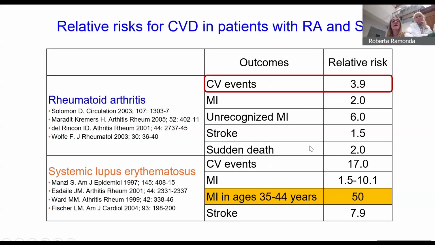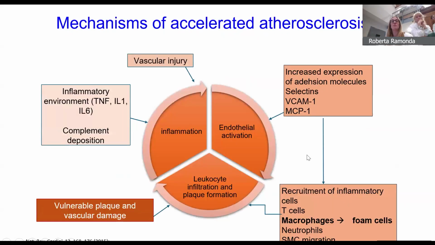inflammation. And as you can see, for example, in SLE, we have a remarkable increased risk of myocardial infarction among young people. That is a typical feature of SLE patients. We know that the primary target is the endothelium with the increased recruitment of inflammatory cells, increased foam cells production.